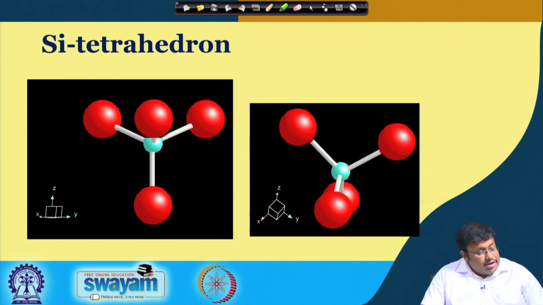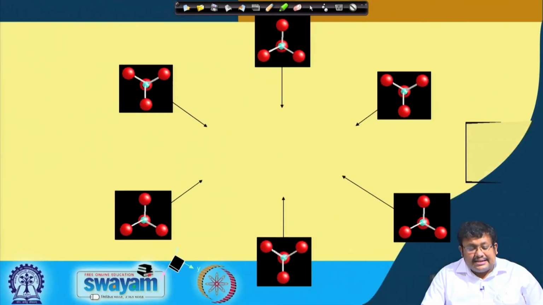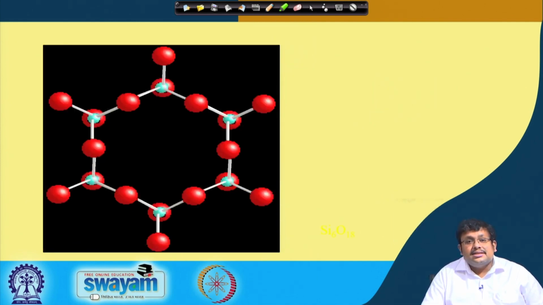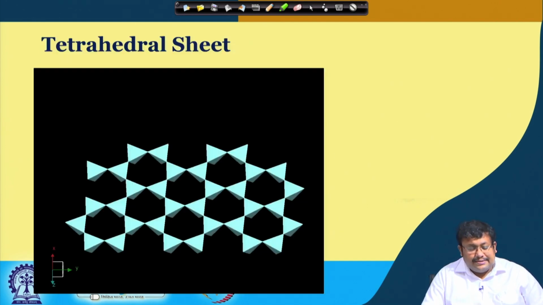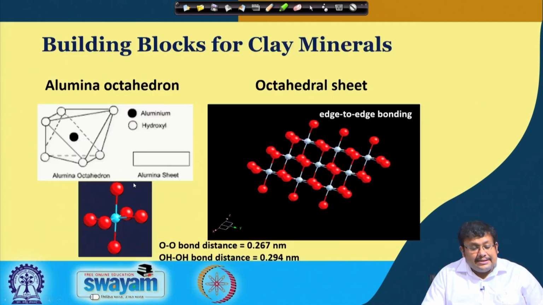When these individual silica tetrahedra come together and share their corner oxygen, they form this sheet like structure, and it is known as the tetrahedral sheet.